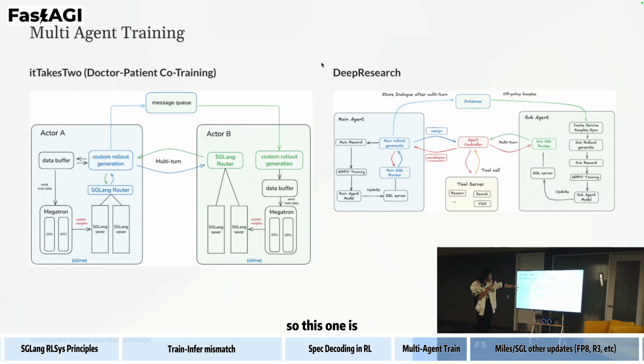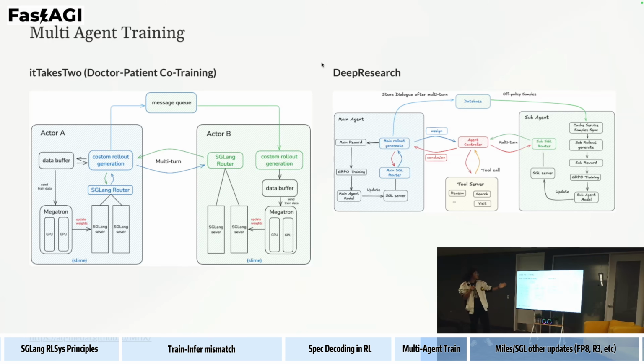So this one, sorry, I think this one is a doctor-patient co-training project. It comes from the Ant group. They care about medical care. So why are we training doctor and patient at the same time? We want the doctor to give more adequate solutions to the patients, and we want the patient to describe their problems in a more detailed way so that the doctor can actually digest it.